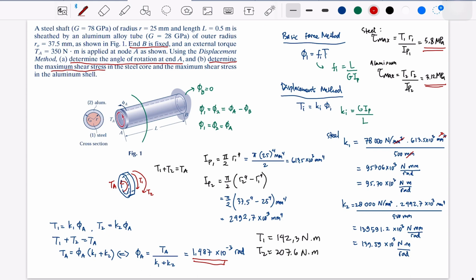So first, you still need to draw, to visualize the free body diagram. And now we need to include the inertia, okay, the inertia for the hollow tube and the solid tube. This will frequently happen, so you need to remember that. And you can choose between the basic force method or the displacement method.